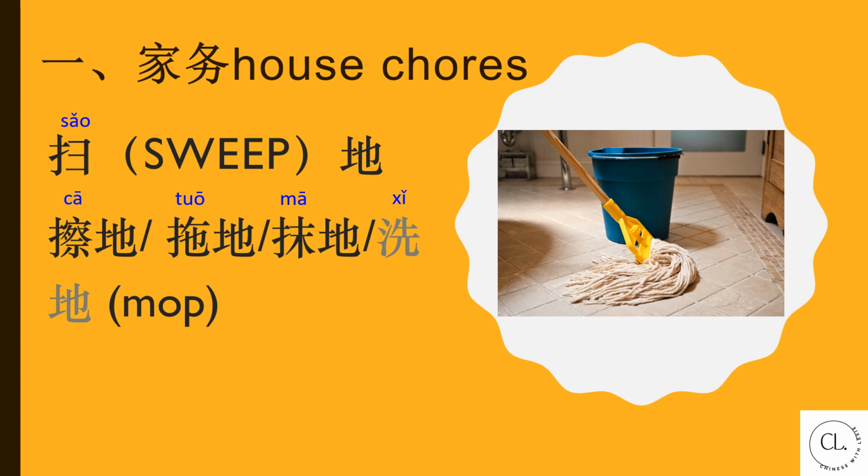The first three are quite common. So the difference is the verb. 擦 is actually like you clean a surface. And 拖地, 拖 is the verb of dragging. So imagine when you are mopping the floor, you need to drag the stick around.